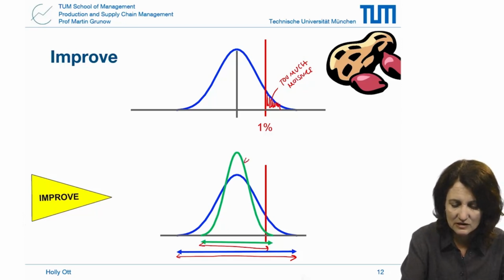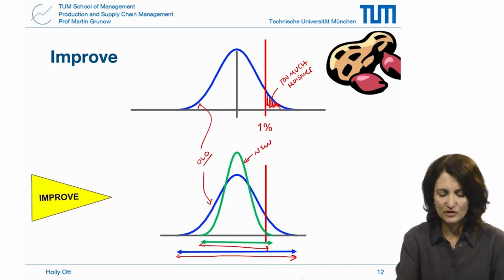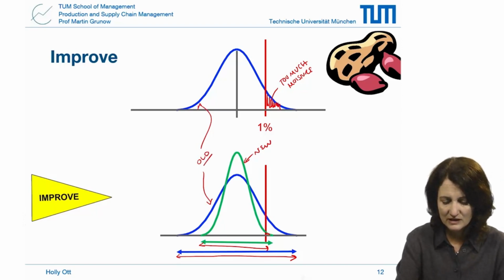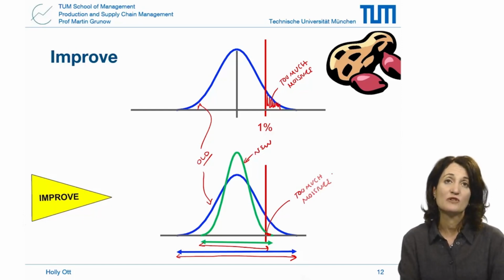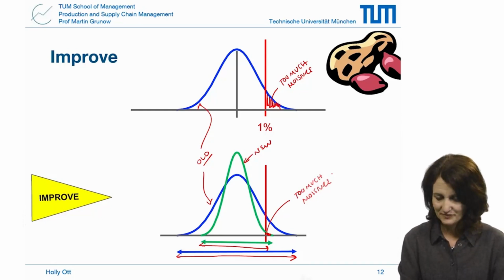So this is the new, and here's the old moisture distribution. Here we have, outside of our 1% level, still too much moisture, but a very, very small percentage of our overall production now that we've improved our process.